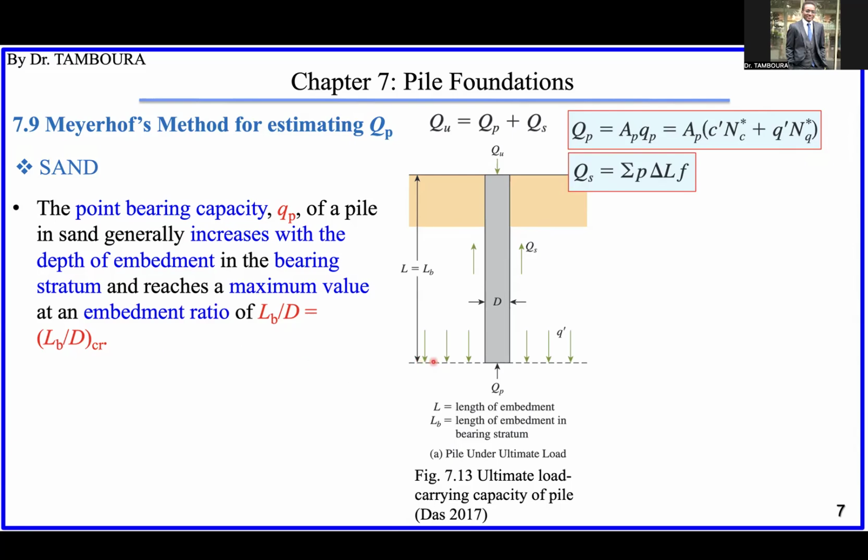Once again we are looking for the tip end bearing capacity. When we look at this equation, you can see the effective stress at the level of the pile tip, this level.